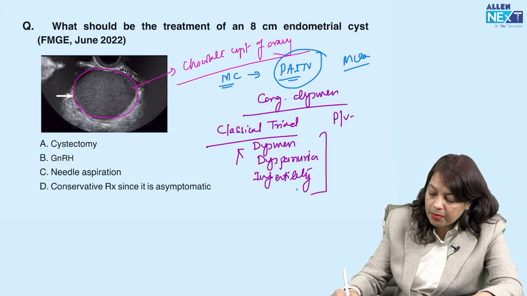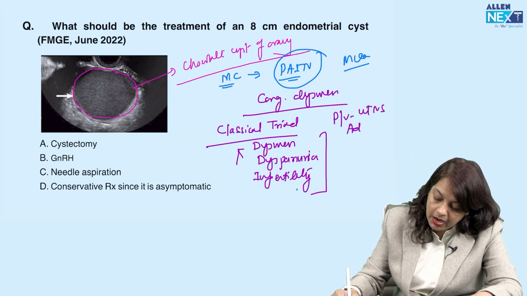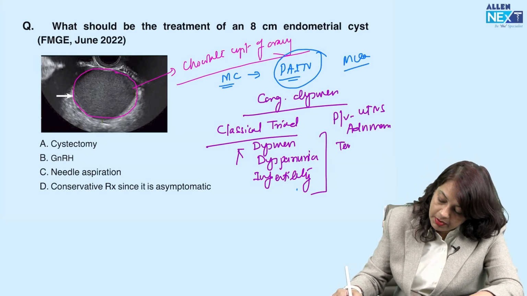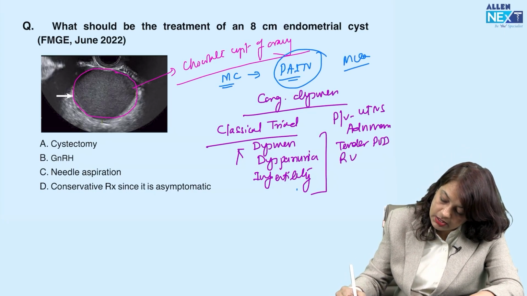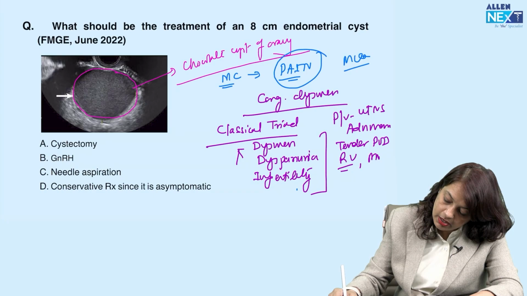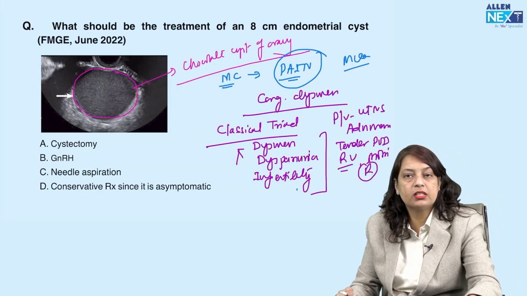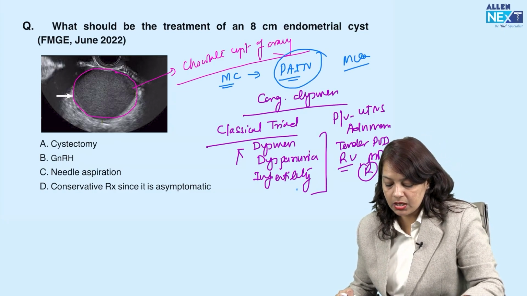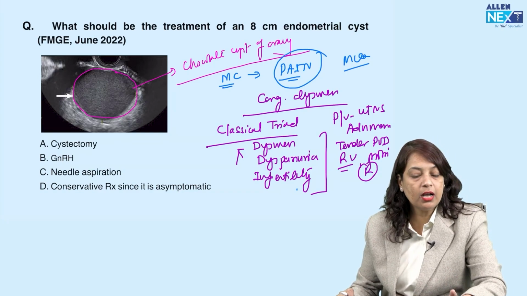On per vaginum examination, uterus is usually normal size. There can be bilateral adnexal masses, or there can be tenderness in the pouch of Douglas. Uterus in these cases is retroverted and mobility is restricted. So that is what the findings you can get. I again repeat, the most common presentation is pain, that is congestive dysmenorrhea.